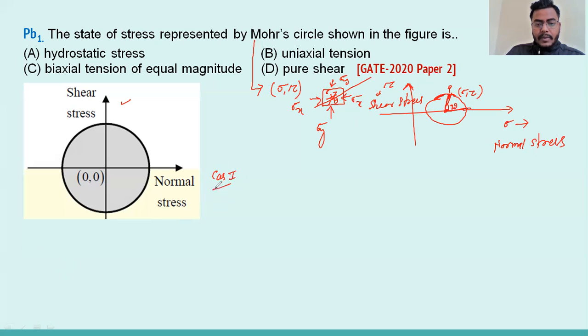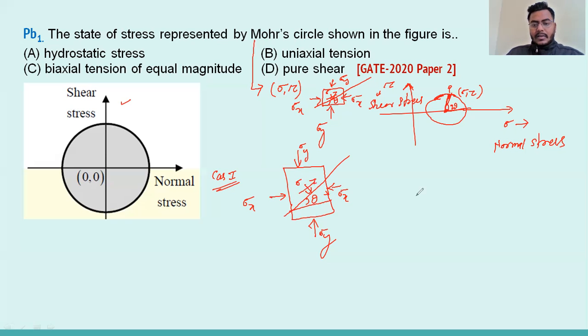Case one, suppose you have been given sigma x and sigma y, and we want to calculate the normal stress and shear stress on this plane. So how can we calculate? By drawing a Mohr circle. So first, keep the shear stress tau on the vertical axis and keep the normal stress on the horizontal axis or x-axis.